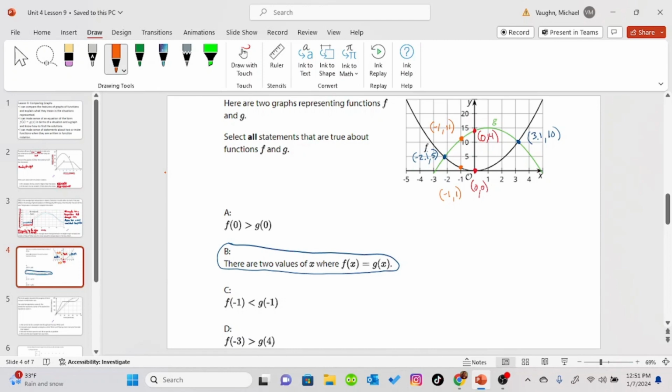And that is true because the y value of function f at negative 1 is 1, and the y value of g at negative 1 is 11, and 1 is less than 11. So C is also correct.